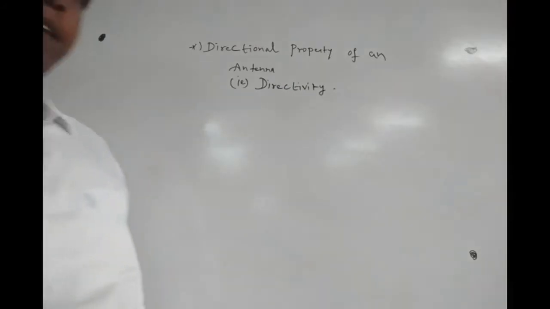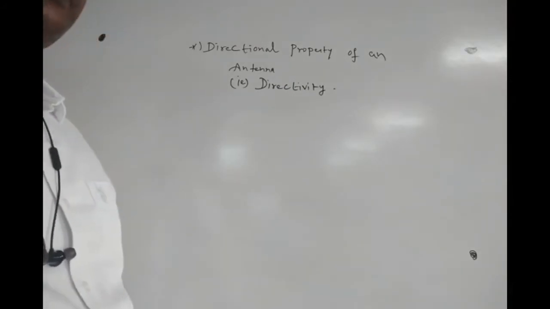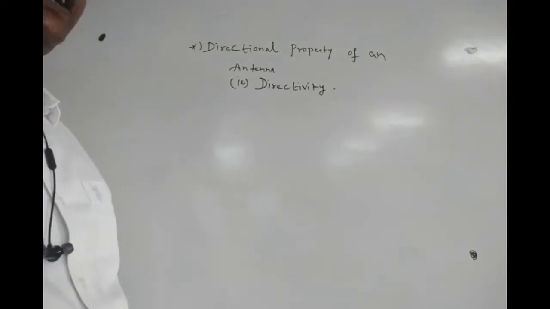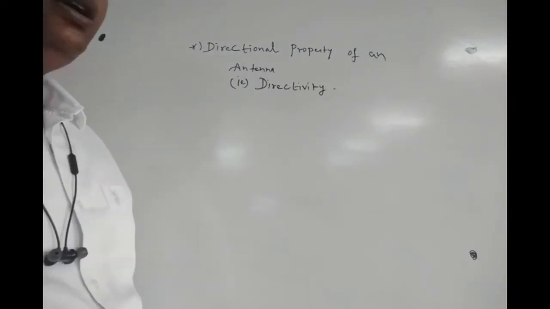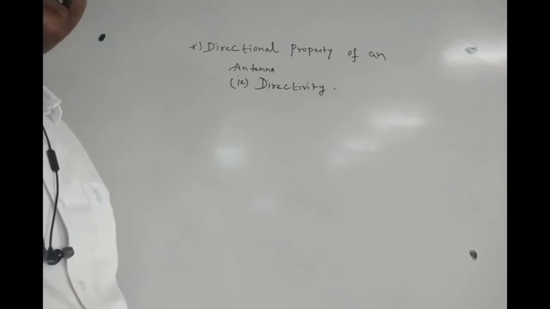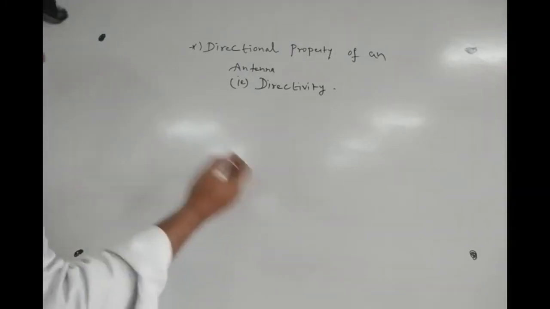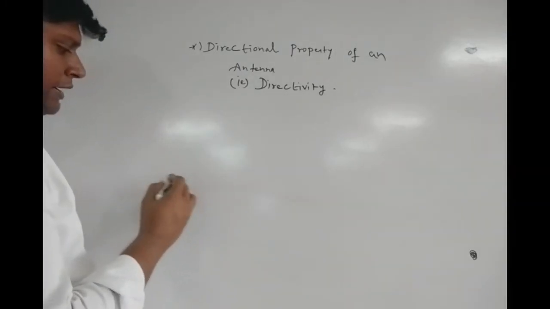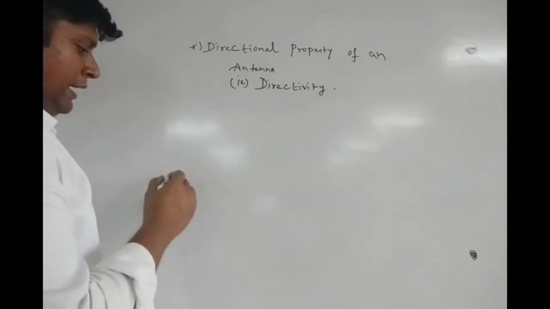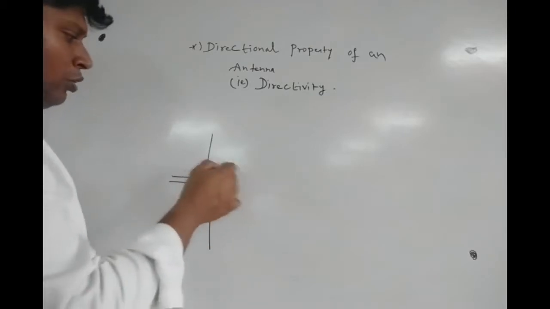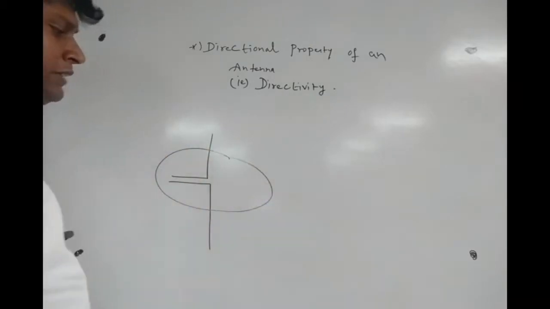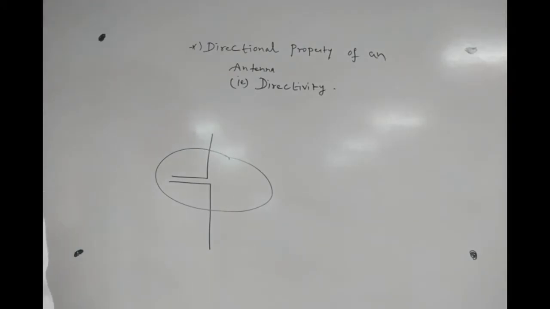Whether I need to design an antenna to transmit and receive omnidirectionally, or I need to design an antenna to transmit and receive directionally. Okay, if I want my antenna to radiate in all the directions, then I need to go for an omnidirectional antenna.